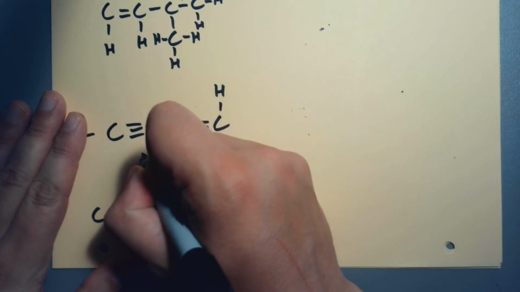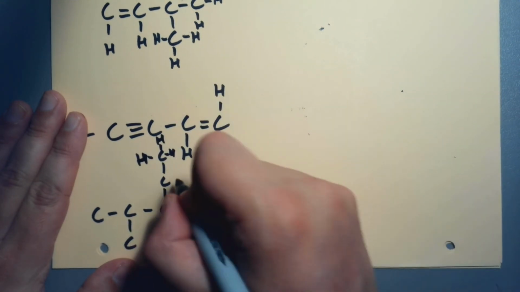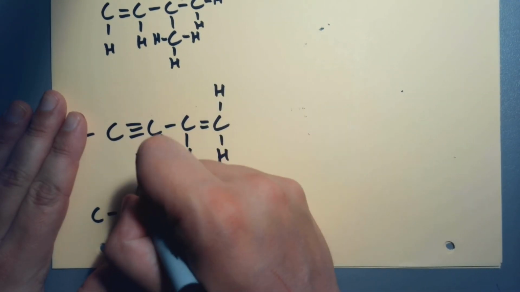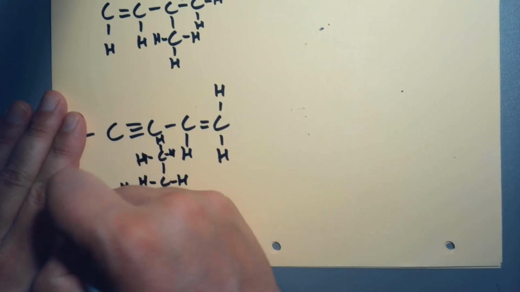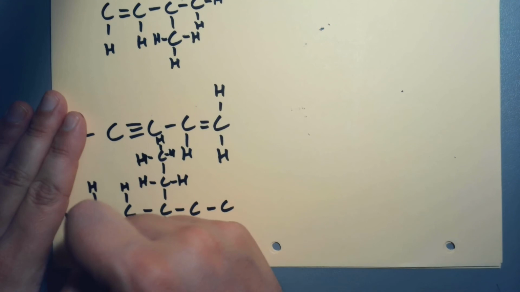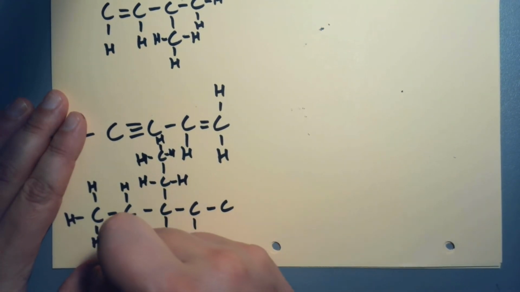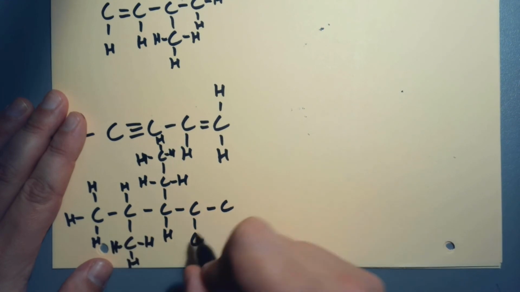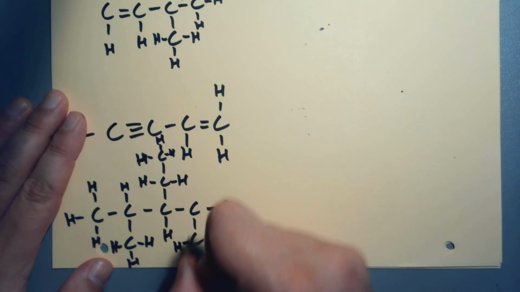Hydrogen, hydrogen. Trying to write that too small. Hydrogen. I thought you were a fine tip marker. Nothing fine about this tip. And we're just going to fill in all these hydrogens. Hopefully my hand isn't blocking too much. But again, all you need is that carbon skeleton structure. And once I start saying I'm filling in the hydrogens, that actually means you have all the information you need.